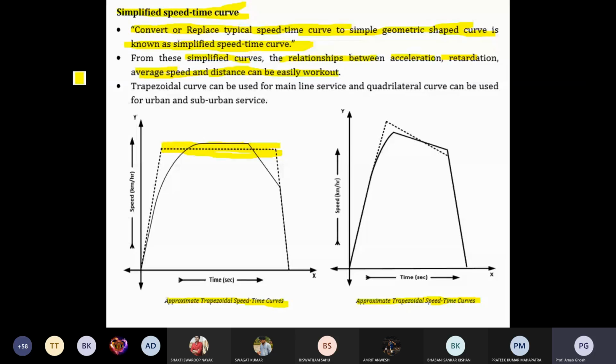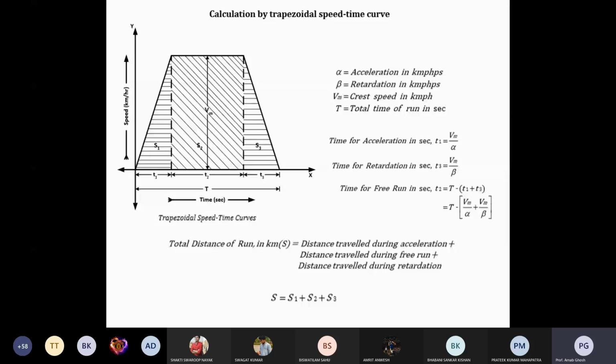Okay, two types of curvature are there. In urban and suburban there is no free running, only retardation, or coasting. That entire portion you can see is linear, then the rest of the portion is coasting and finally braking. Okay, that's the way you can realize the speed time curve.